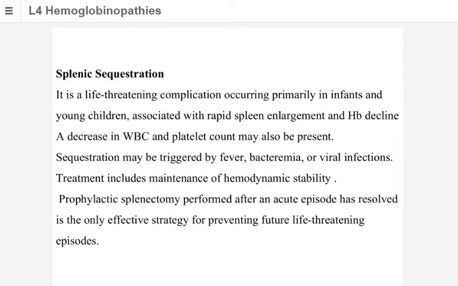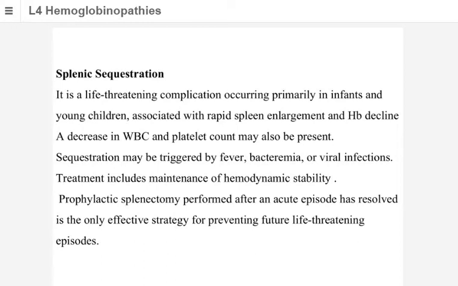Splenic sequestration crisis. In sickle cell disease, the spleen usually is small, slightly enlarging until about 4 to 5 years, just palpable, but then it will shrink and is called autosplenectomy due to repeated infarction and thrombosis in the spleen.